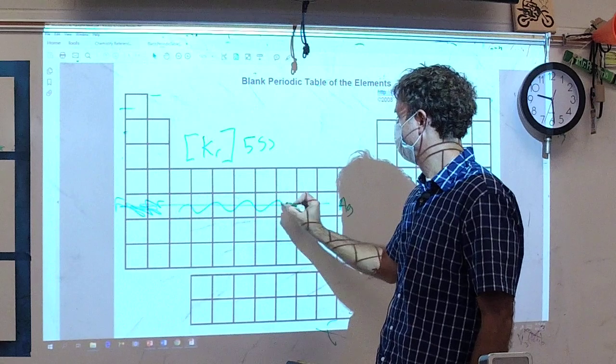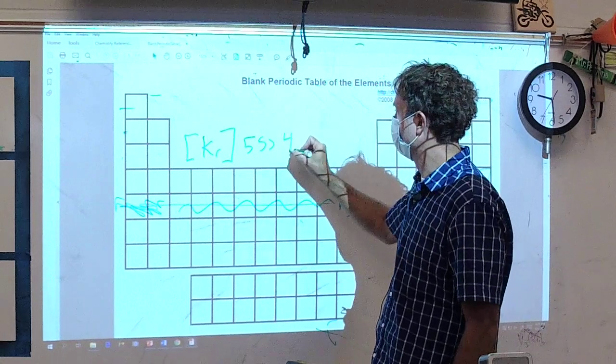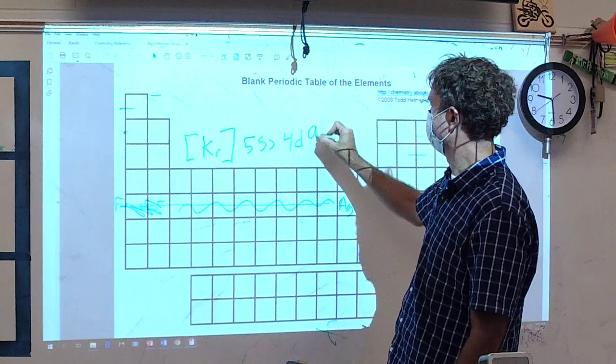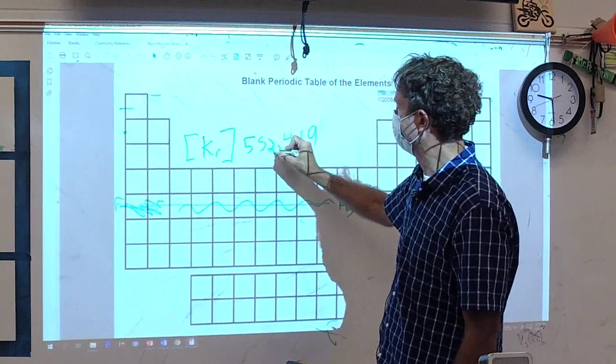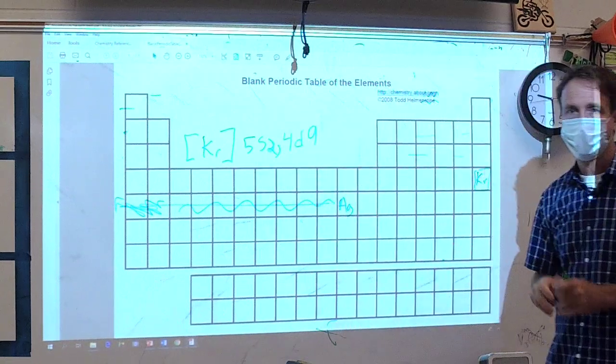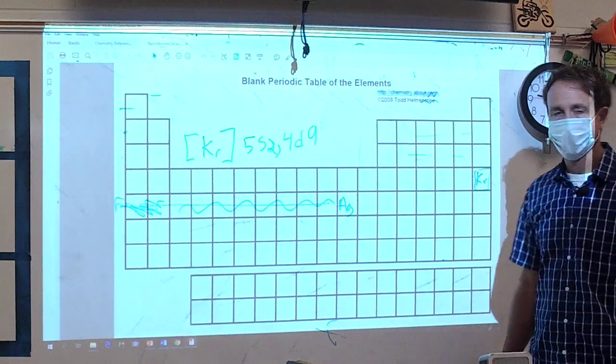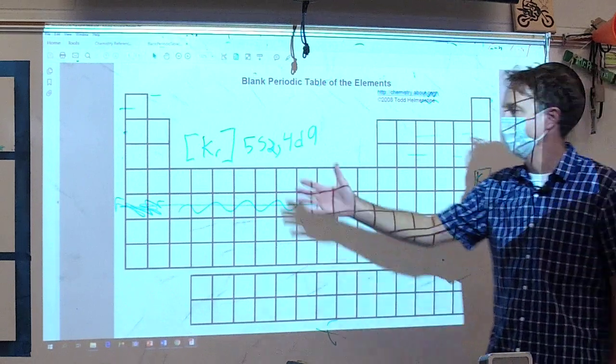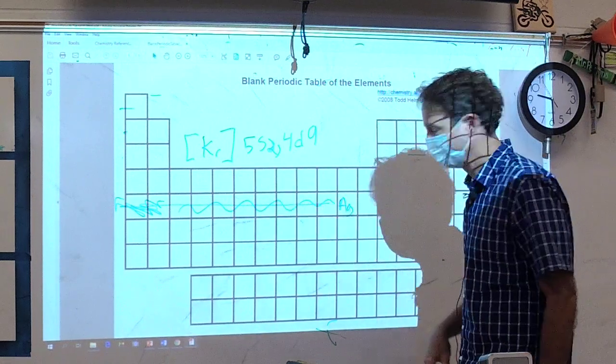Remember, the D's are one lower, 4d9. Krypton, 5s2, 4d9. That is silver. What do you think about that? That's easy, isn't it? That's called a noble gas configuration.